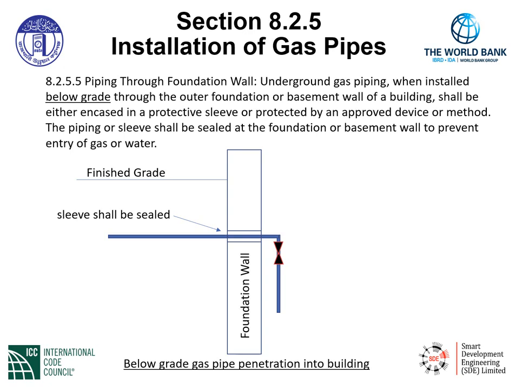Underground gas piping, when installed below grade through the outer foundation or basement wall of a building, shall be either encased in a protective sleeve or protected by an approved device or method. The piping or sleeve shall be sealed at the foundation or basement wall to prevent entry of gas or water.